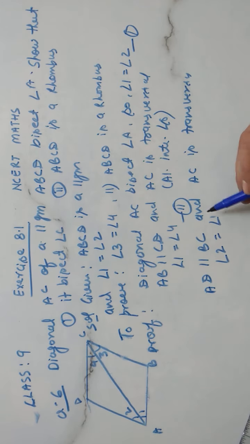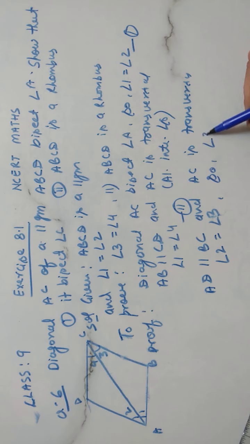Angle 2 is equal to which angle? Angle 3. Okay. Now from these three equations, just see carefully, 1 is equal to 2 and 2 is equal to 3. So 1 is equal to 3 also. So you can say that 1 is equal to 3 and 1 is equal to 4 also. So from these equations we can say that angle 3 is equal to angle 4.